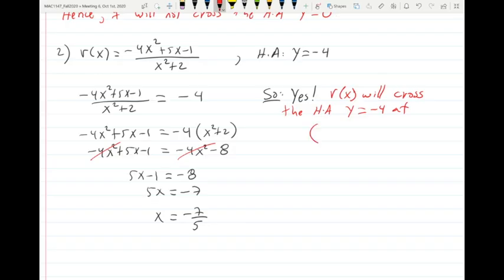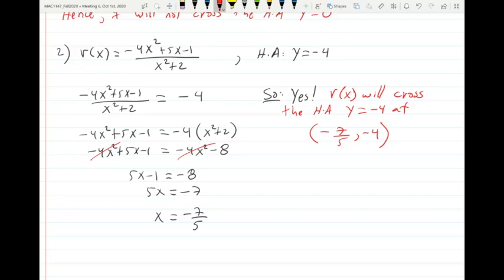So what's the point that we're going to cross it at? We're going to cross it at the point negative 7 over 5, comma, what's the y value of the point? Can anybody tell me what's the y value? Negative 4, very good.